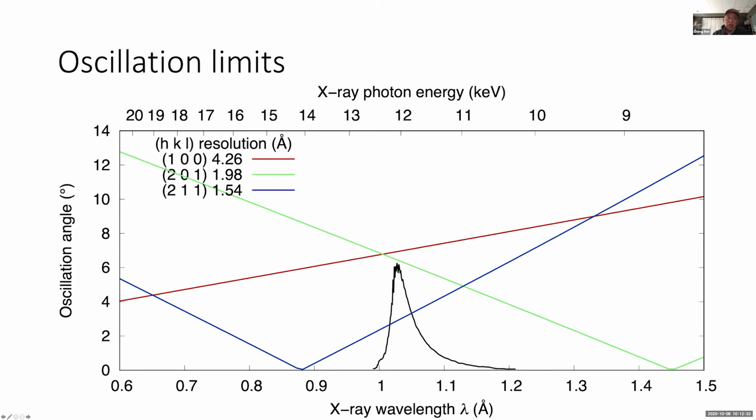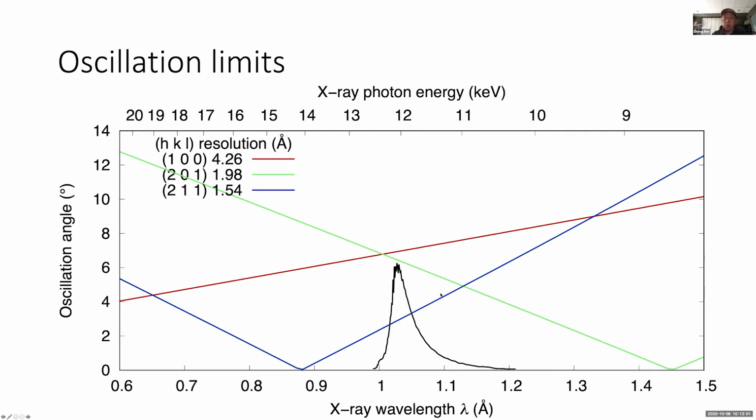But if you say, okay, I'm interested in more than just 2 angstrom, then you will have to choose 11 keV at this point, so that this blue one at 1.5 angstrom resolution will get into the diffraction condition after you rock more than 4 degrees back and forth.